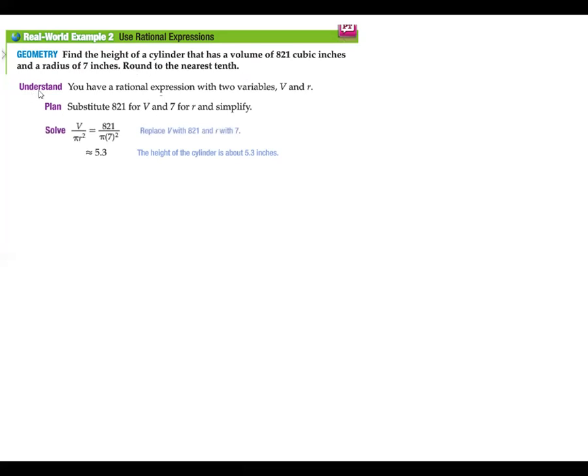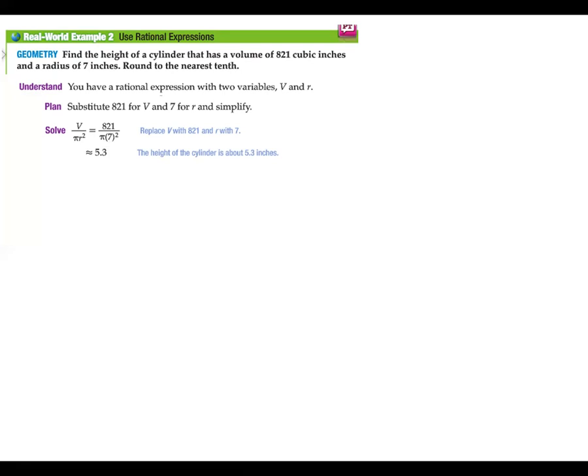So you would have h equals V over pi r squared. So the volume is 821, pi times r squared, and the r was 7. So you plug that in. And just make sure, if you're entering this into the calculator, you do 821 divided by pi times 7 squared. Make sure you put those in parentheses or brackets.